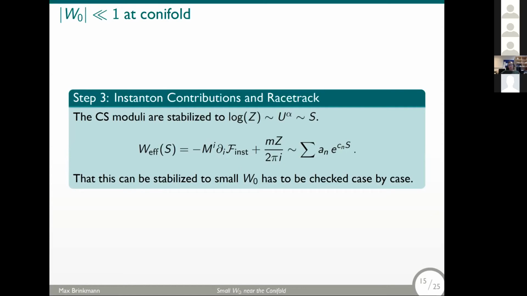So U is proportional to S, and Z, the conifold modulus, is proportional to the exponential of S. But since I said already that the conifold modulus enters linearly or polynomially into the instanton series, the effective superpotential we get for the axiodilaton is in fact also just a sum of exponentials. So once again, one should be able to stabilize this in a racetrack-like manner. However, this has to be checked case by case.